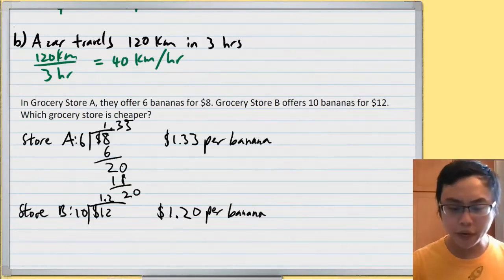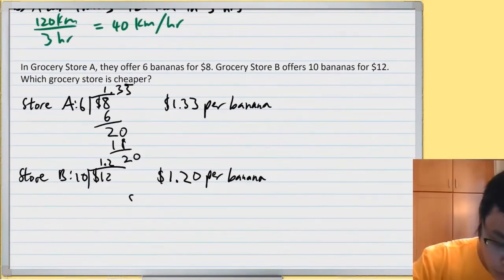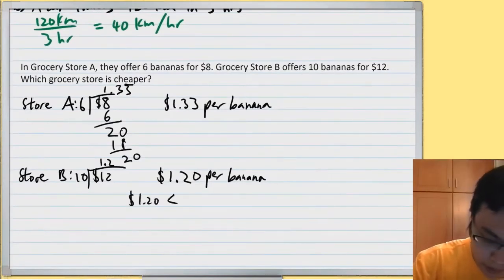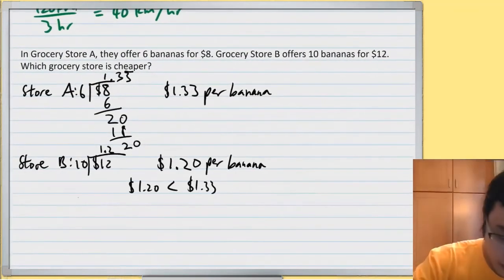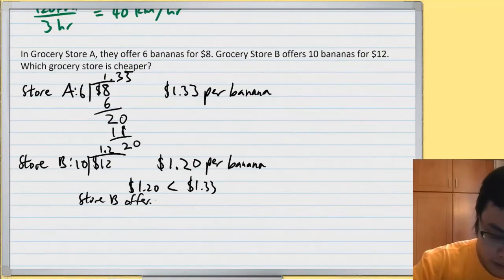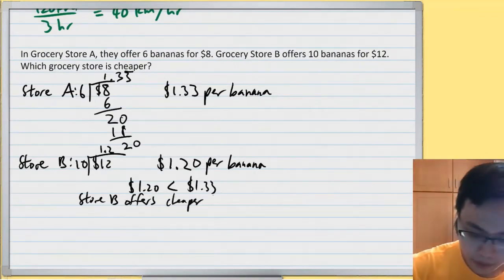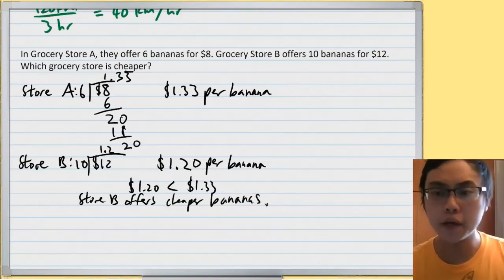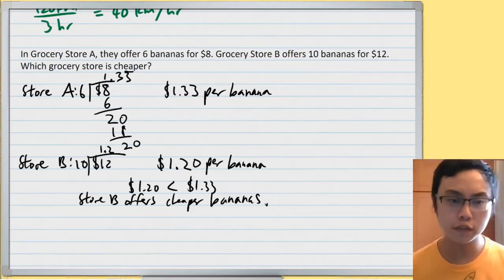And now when we compare which one is cheaper, well, $1.20 is less than $1.33, which means that store B offers cheaper bananas. That's how we compare two different unit rates together.